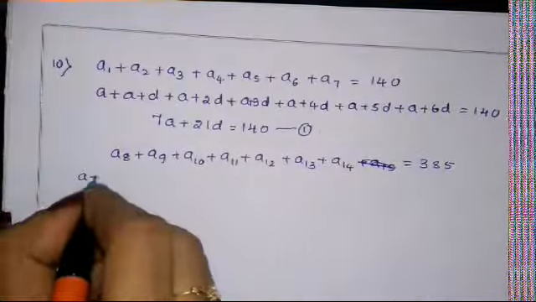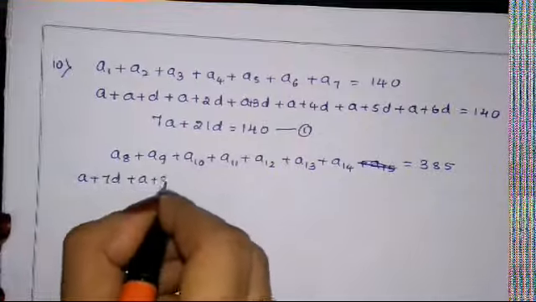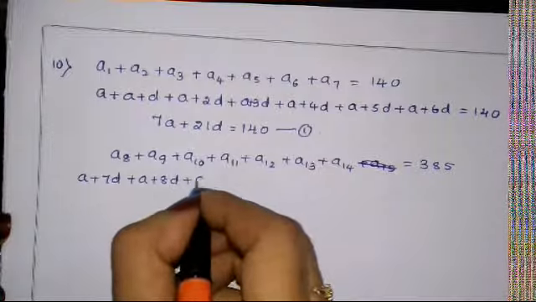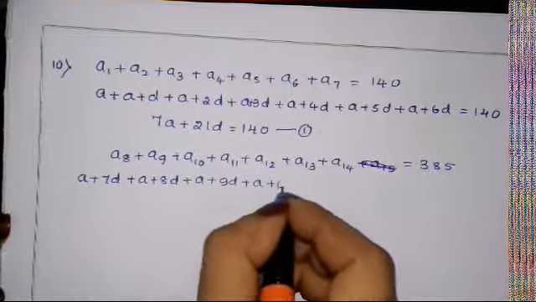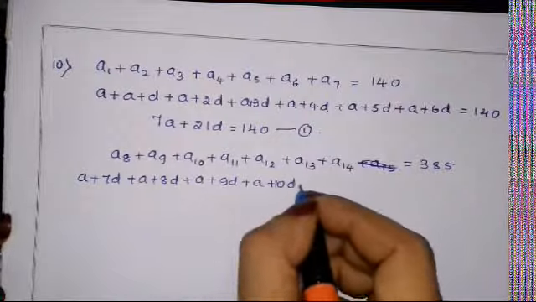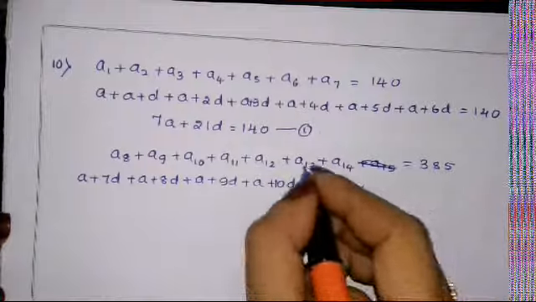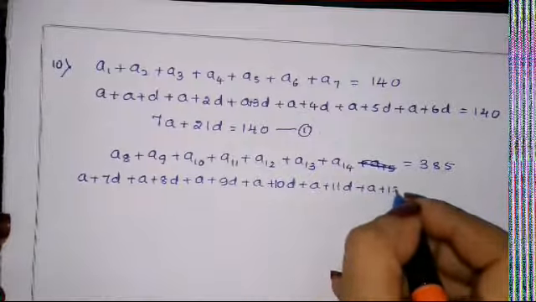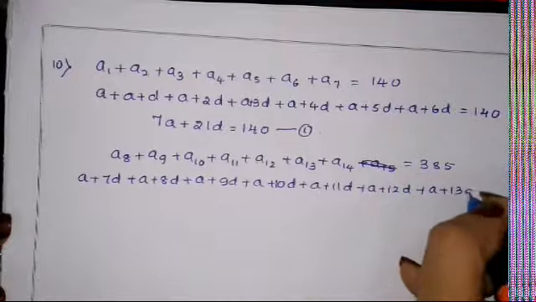A8 is A plus 7D, A9 is A plus 8D, A10 is A plus 9D, A11 is A plus 10D, A12 is A plus 11D, A13 is A plus 12D, A14 is A plus 13D.